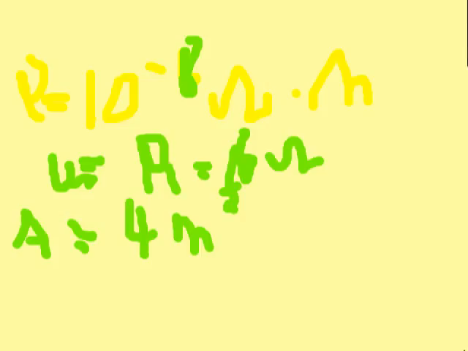Alright, so here's how you would approach this. Here's a 6, this is a 4, this is a negative 8. Let's erase all this. I'm going to use red this time.